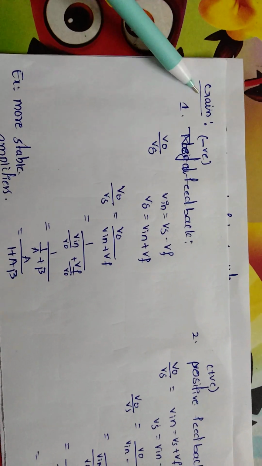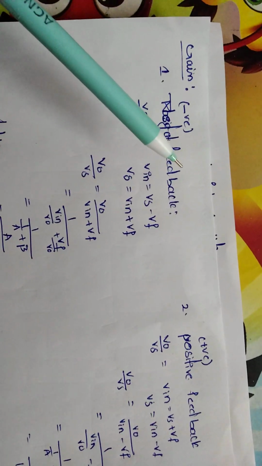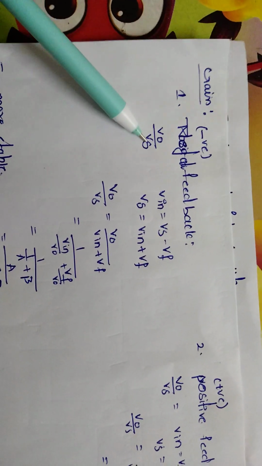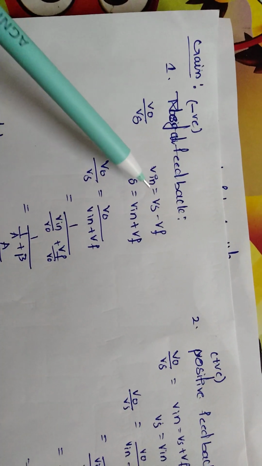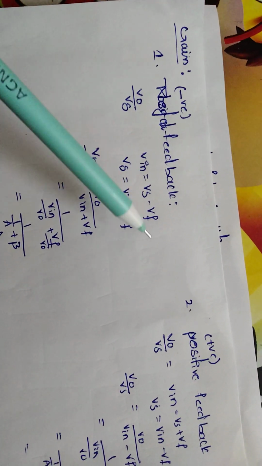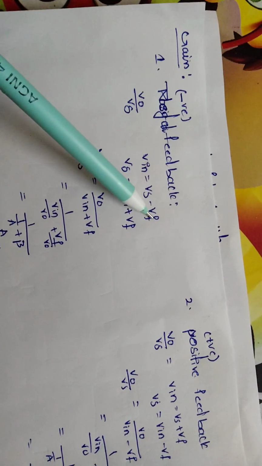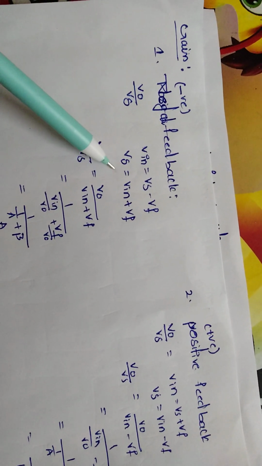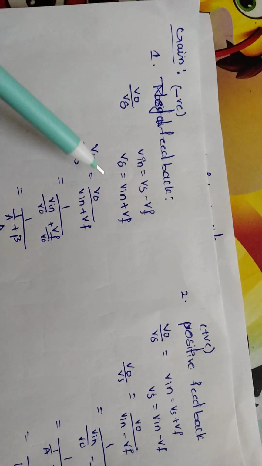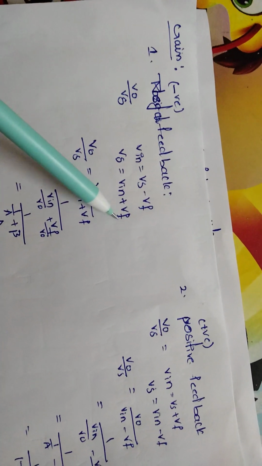We can calculate the gain of negative feedback amplifiers. Considering the main gain, the input voltage is the source minus the feedback voltage. Then we take Vout by Vs, where Vs is Vin plus Vf.